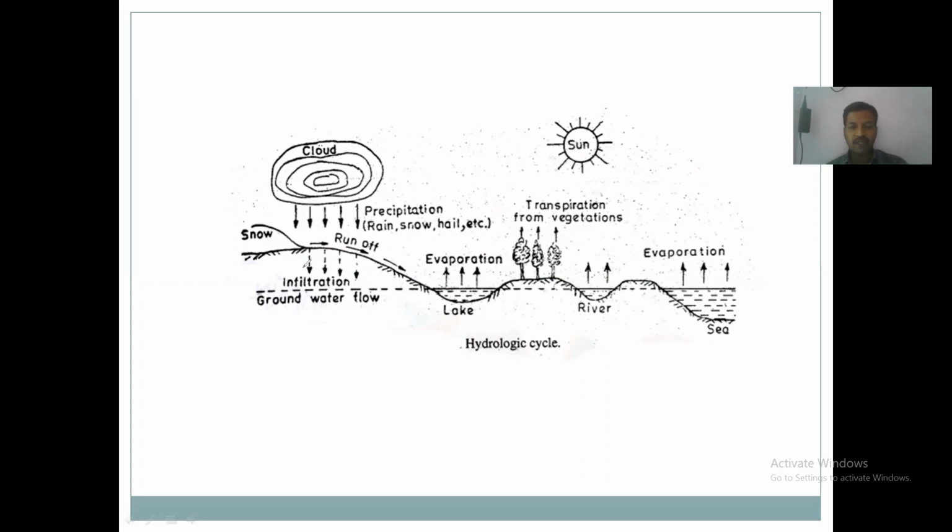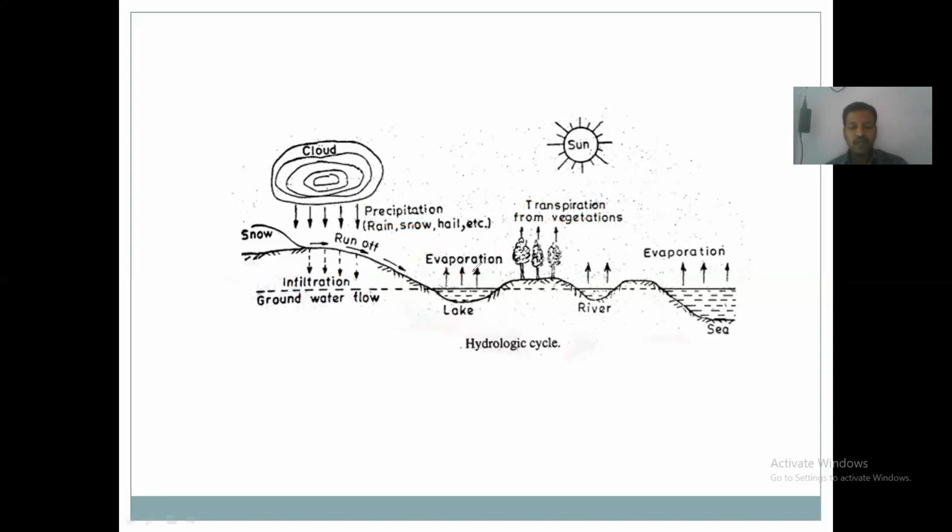So this is one of the terms related to the hydrologic cycle. Precipitation is one of the terms. Infiltration is also one of the terms. Evaporation is also one of the terms. Transpiration. These are the terms related to the hydrologic cycle. We are going to see every term related to the hydrologic cycle.